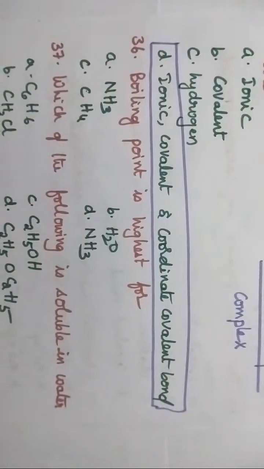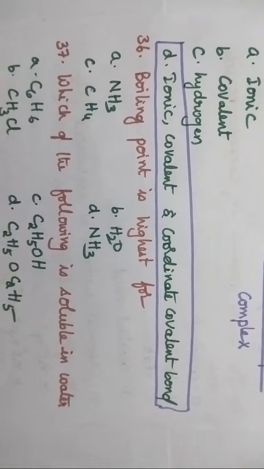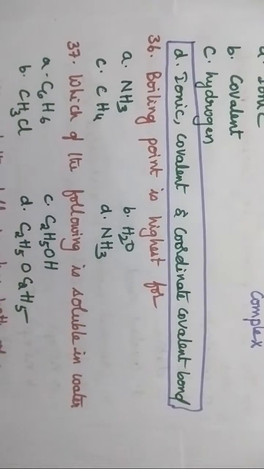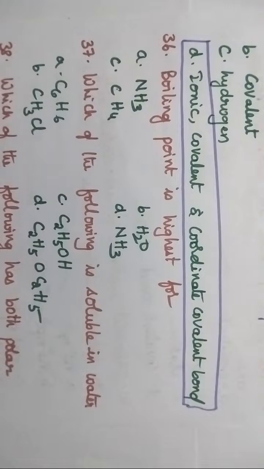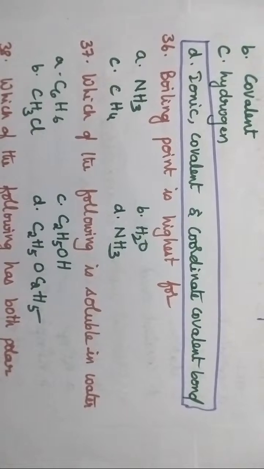Very good, Tilak. Sai channel, you just think. So all the three types of ionic, covalent and coordination covalent bonds are present in a complex. Whenever we discuss about a complex, ionic, covalent and coordination covalent bonds are present.